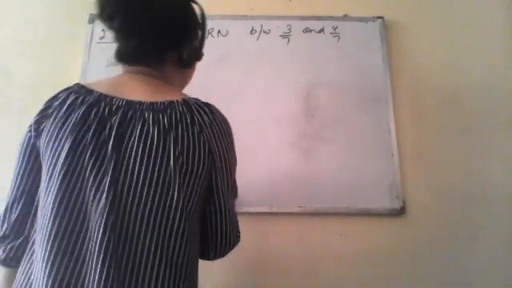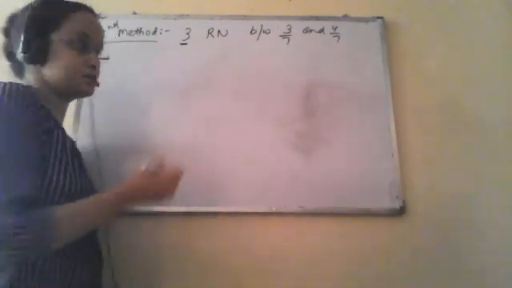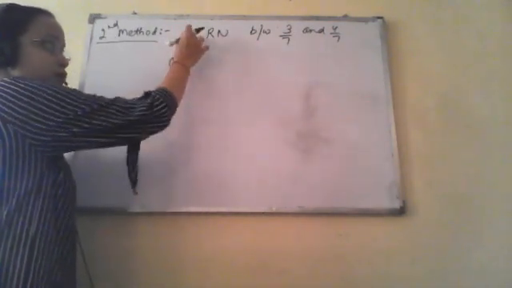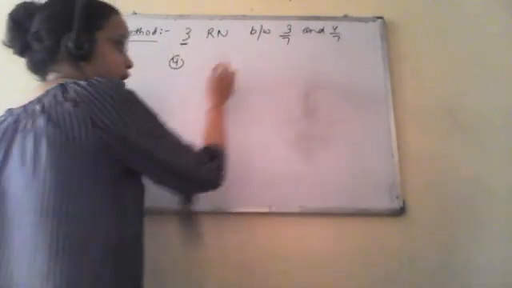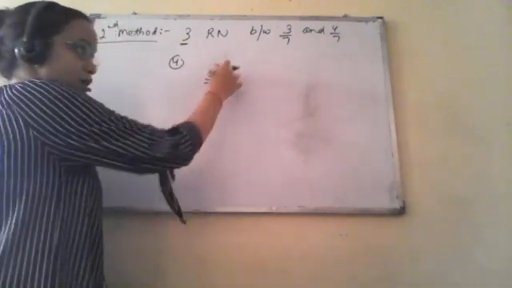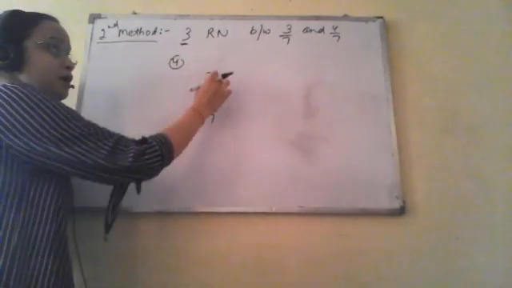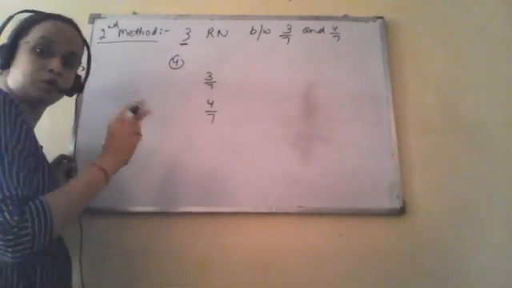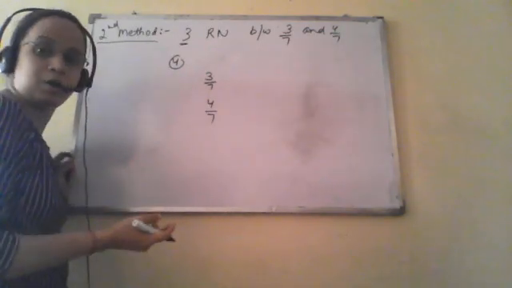So what we have to do now: this is 3, so we add 1 to it and we have 4. Now we find equivalent fractions for these two terms, between which we have to find the rational numbers. We multiply both the numerator as well as the denominator of each fraction to convert them into equivalent fractions.